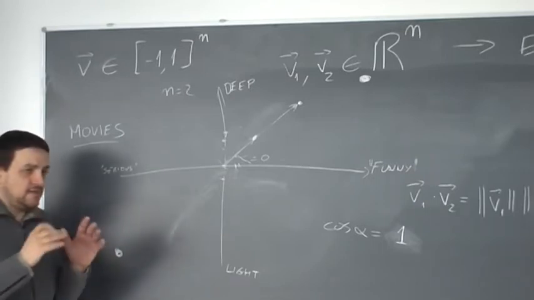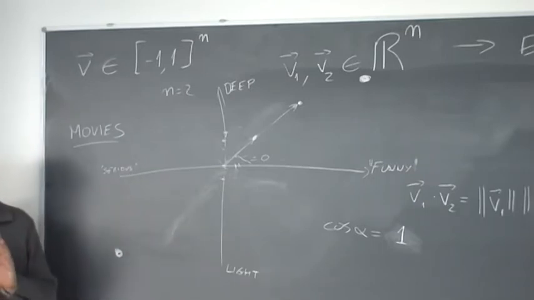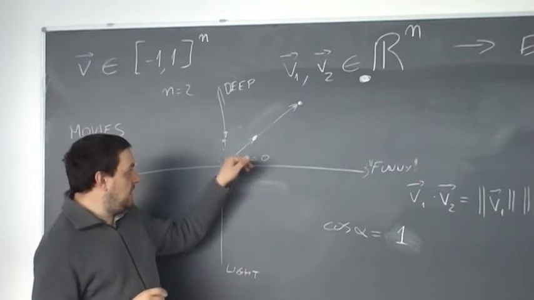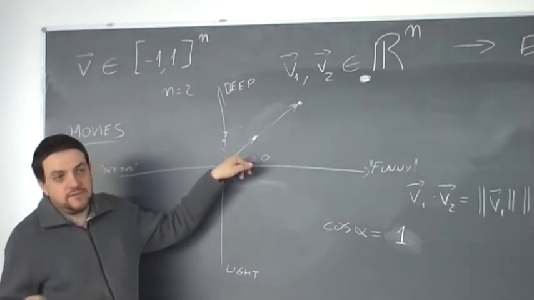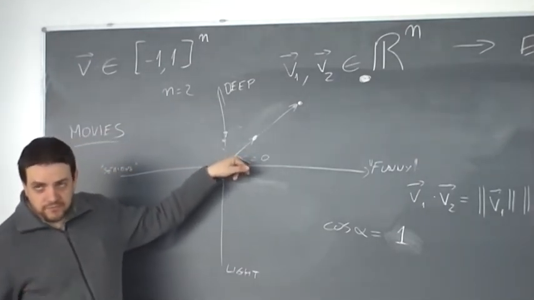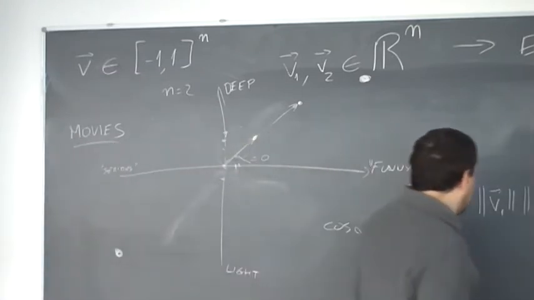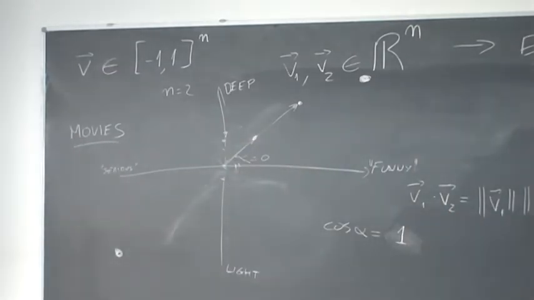So what you are really interested in this case is the angle, actually the cosine of the angle between the two vectors. How do you get the cosine of the angle given the two vectors?